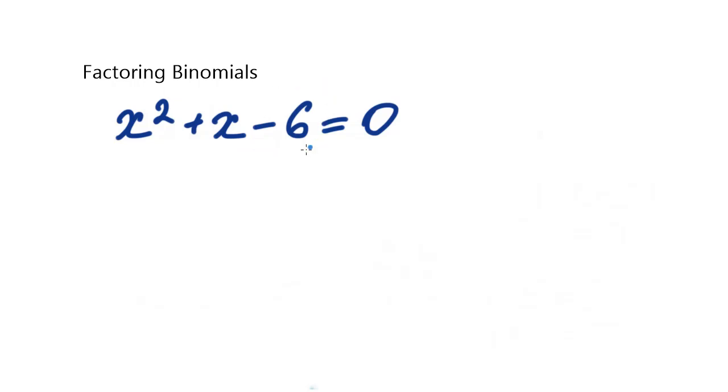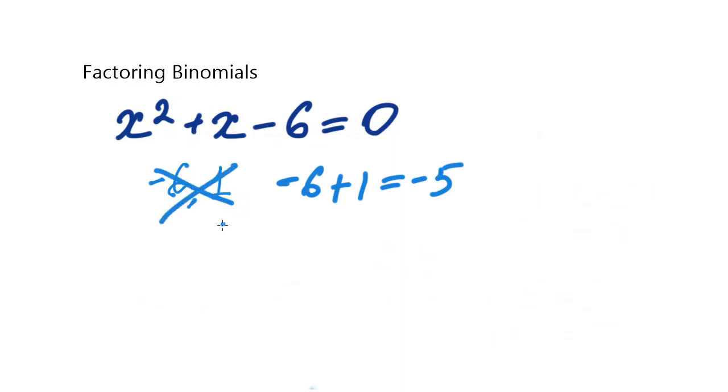One example is -6 and 1. If I multiply these two together, they give me -6. But if I add -6 and 1, I actually get -5. So that doesn't work because I do not get +1. This pair is out.